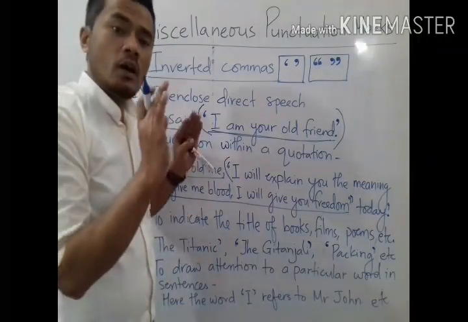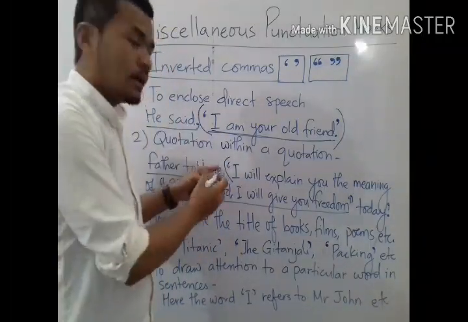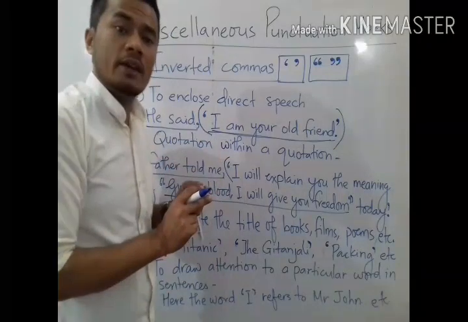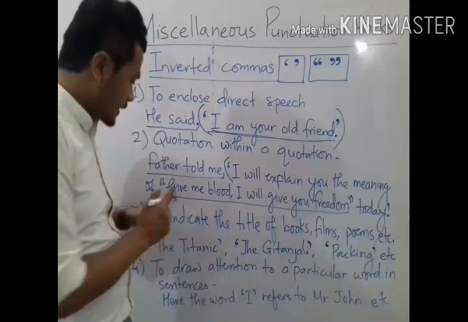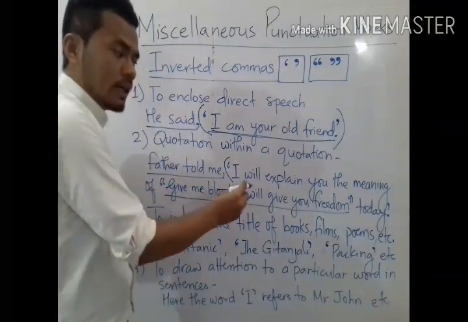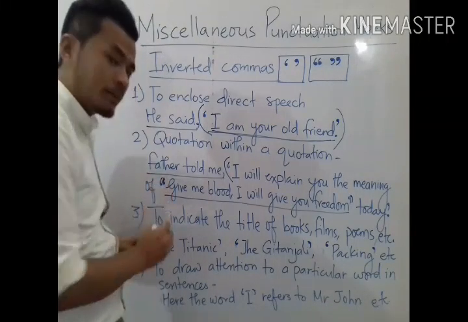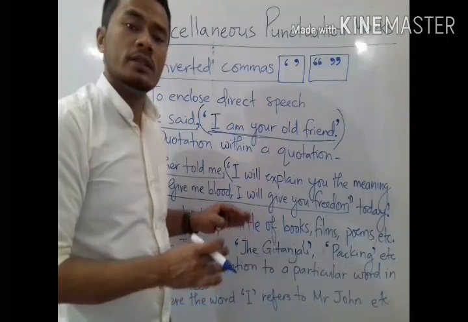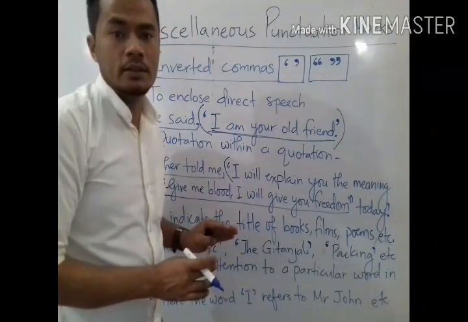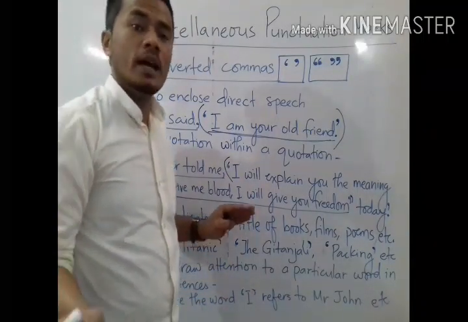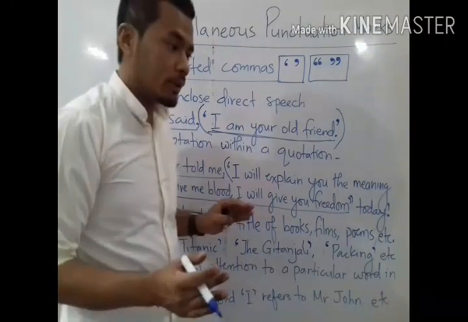So for the outward quotation I have to use single, and for the inward quotation I have to use double quotation marks. Like here, 'Give me blood, I will give you freedom' I have quoted with double inverted commas. You may write sentences using other quotations within quotations. Okay, you may go through the books, you may see some other examples also.